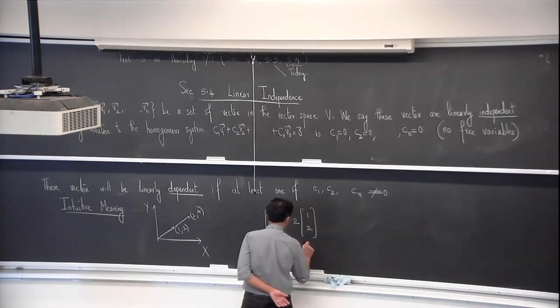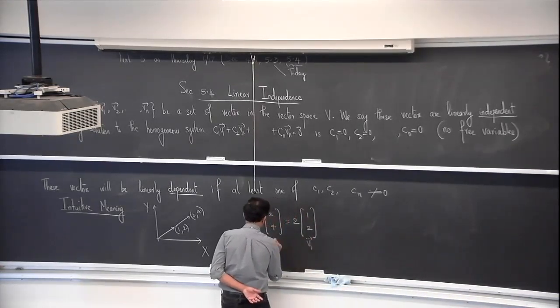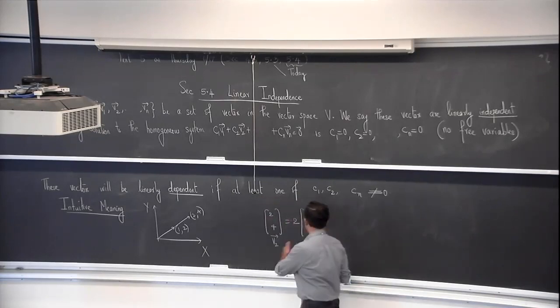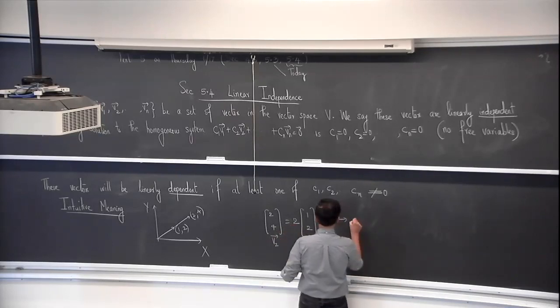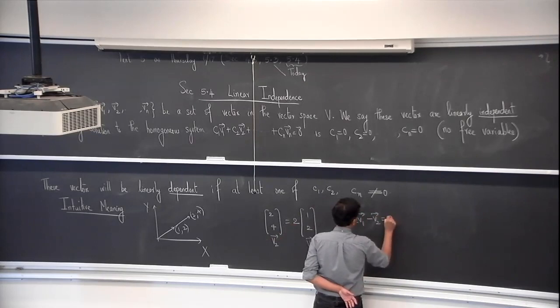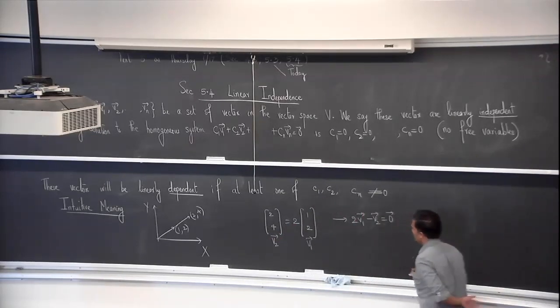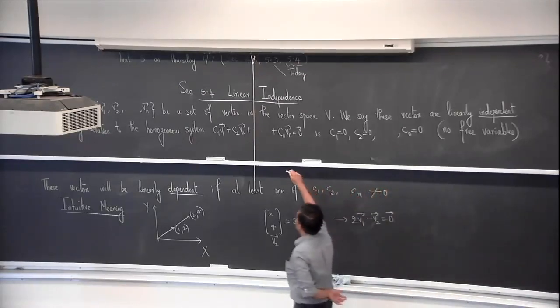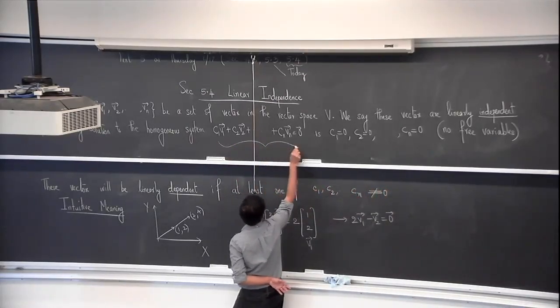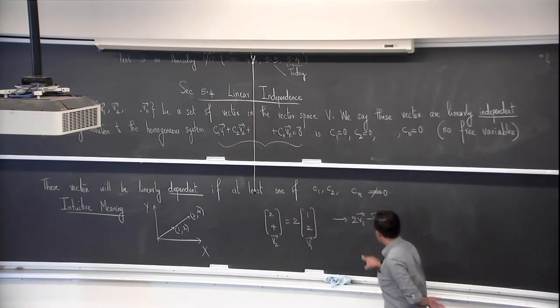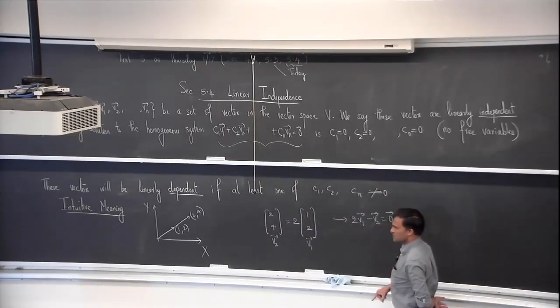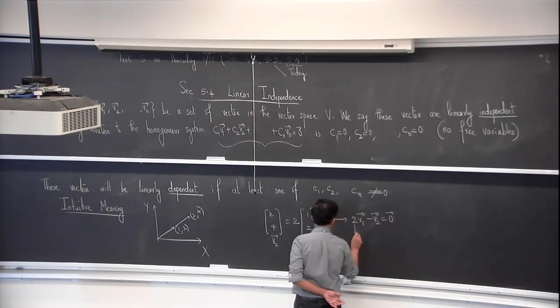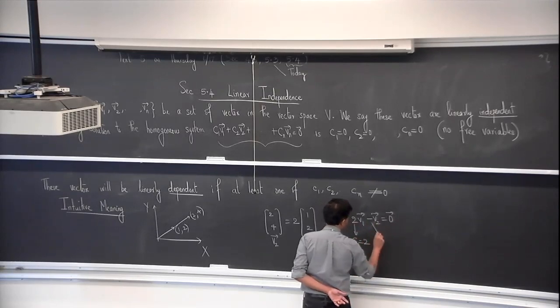So if this is your vector v1 and this is your vector v2, all we are writing is, I don't care how you write this, 2v1 minus v2 equal to 0. And that is what this equation is telling you. You have some kind of a relationship between those two vectors with scalars c1 equal to 2 and c2 equal to negative 1.